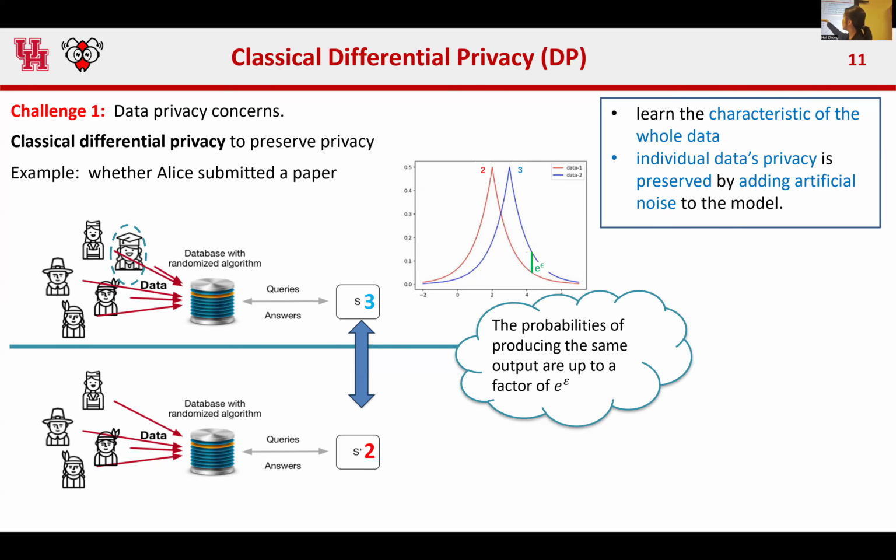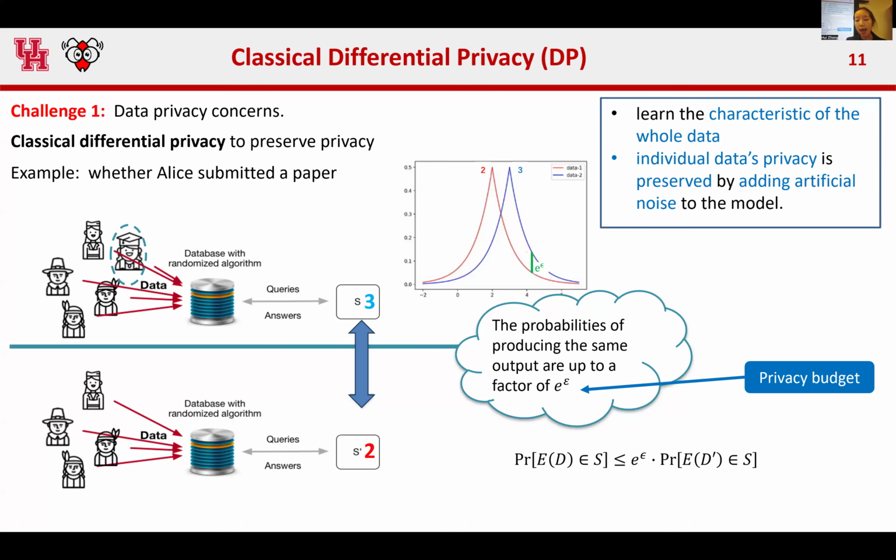In this picture, we can see the maximum gap between these two distributions is e to the epsilon. Epsilon is a very important parameter called the privacy budget. It measures the level of privacy protection. If epsilon is smaller, the privacy level is stronger. Then we can get the DP definition formula, and extend it to the quantum version.